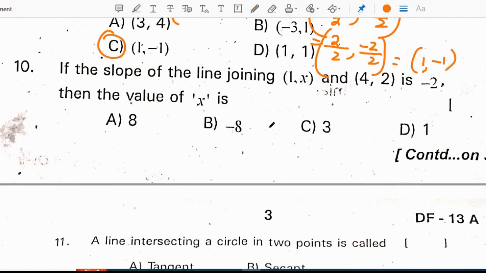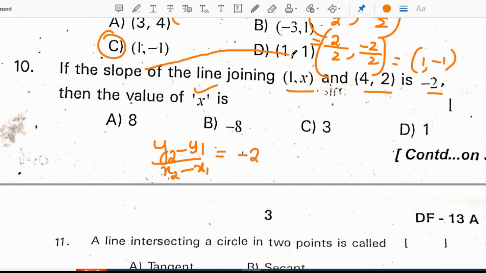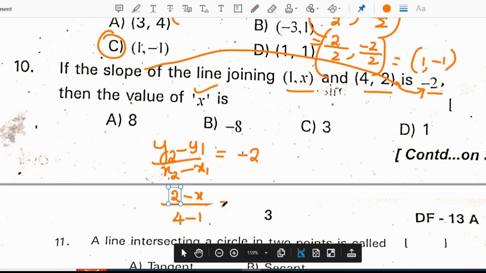If the slope of the line joining 1 comma x and 4 comma minus 2 is minus 2, find the value of x. We know the slope formula, y2 minus y1 by x2 minus x1, should be equated with minus 2, because when slope is given we have to put slope is equal to minus 2. So y2 is 2, 2 minus x by x2 minus x1, which is 3, is equal to minus 2. 2 minus x by 3 is equal to minus 2.